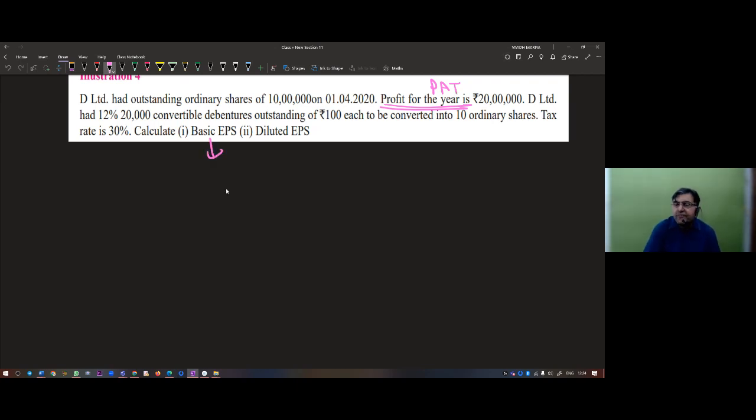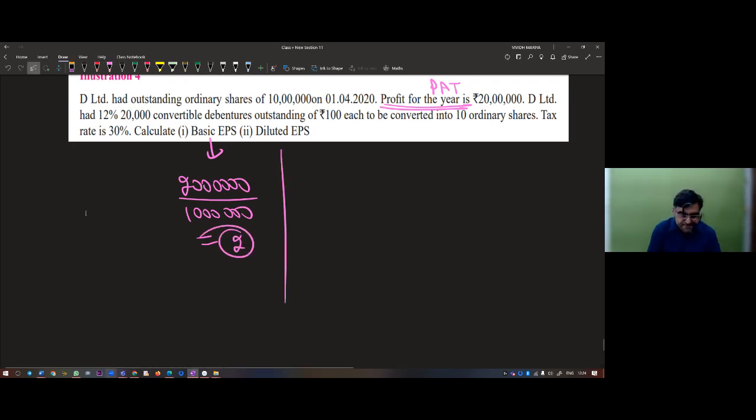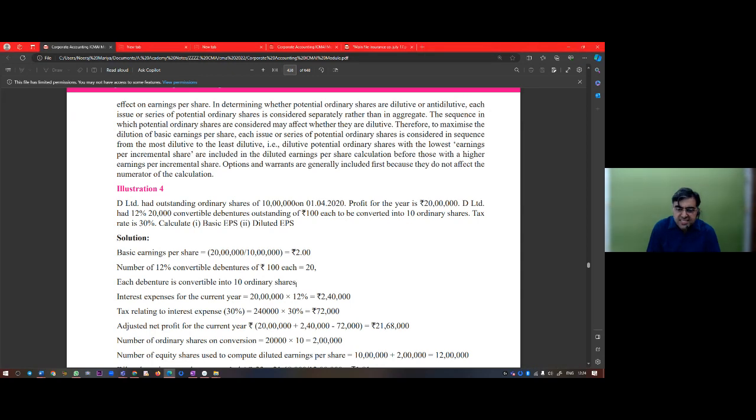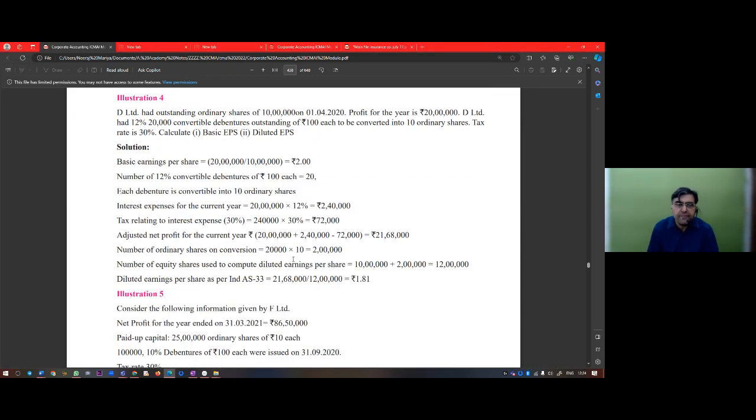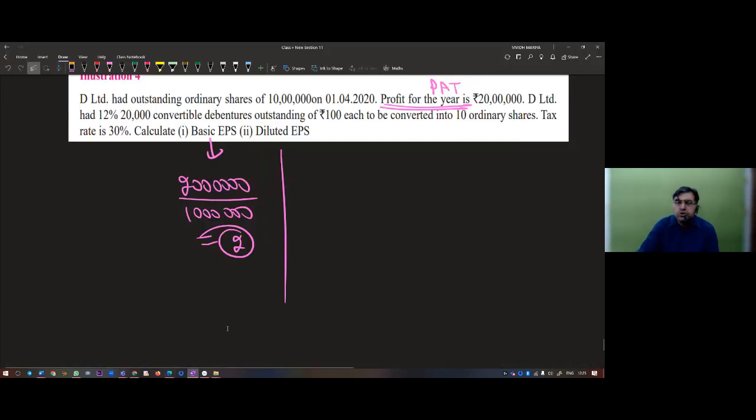Basic earning will be PAT for equity shareholders, and equity shares are 10 lakh, so rupees 2. That is basic. The answer for the basic is rupees 2. Now for diluted, assume the debentures are no more debentures.